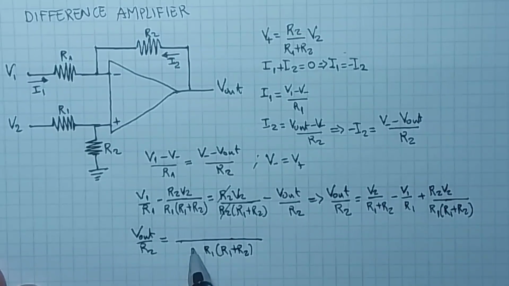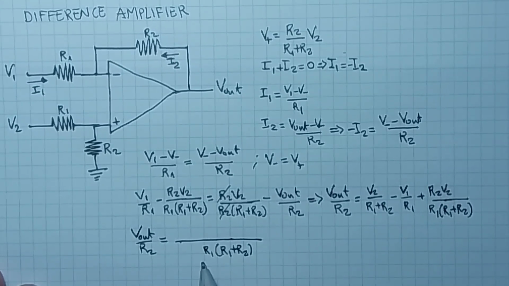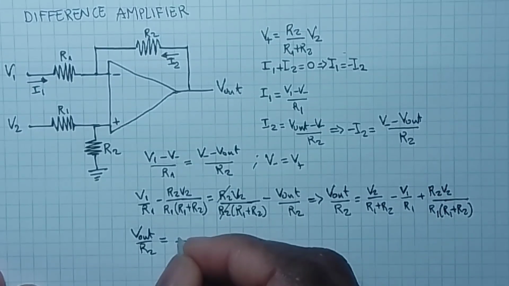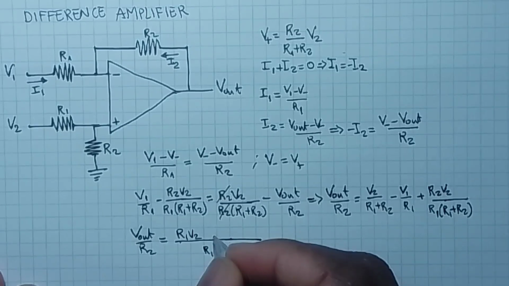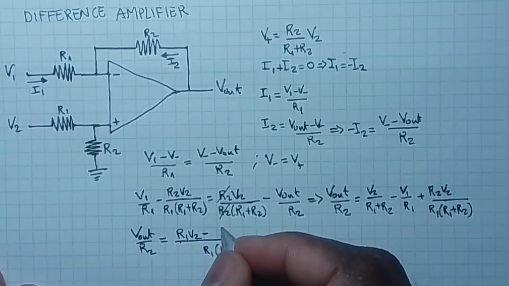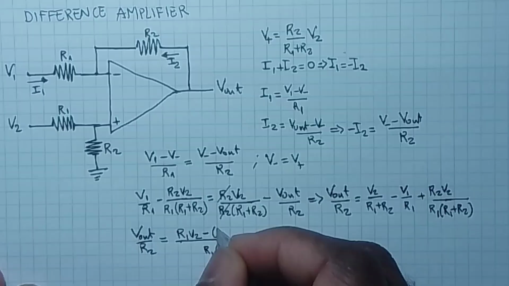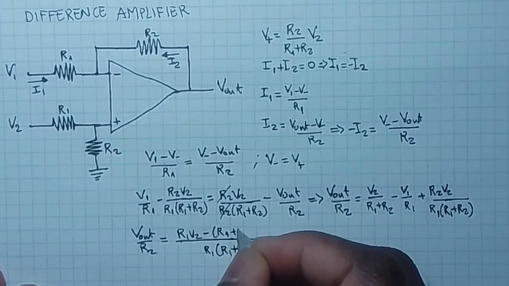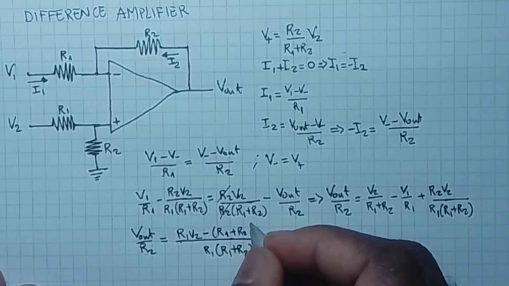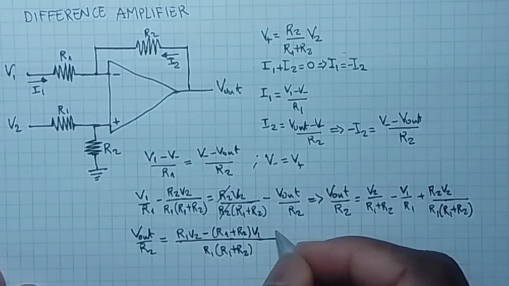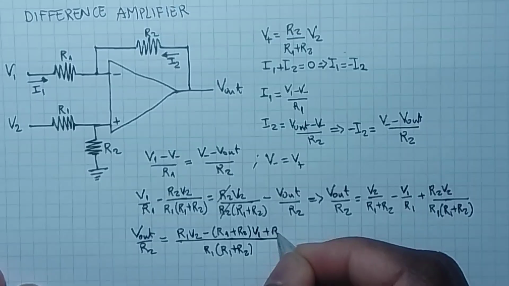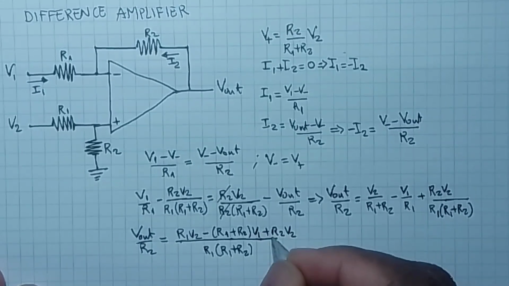So at the numerator we are going to have R1 V2 minus R1 plus R2 V1 plus R1 V2.